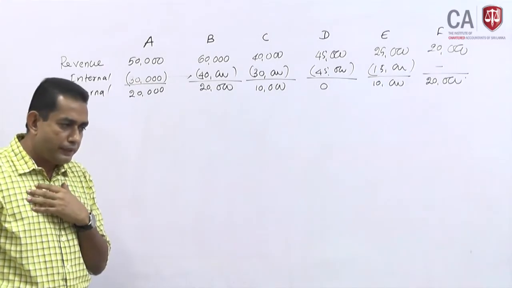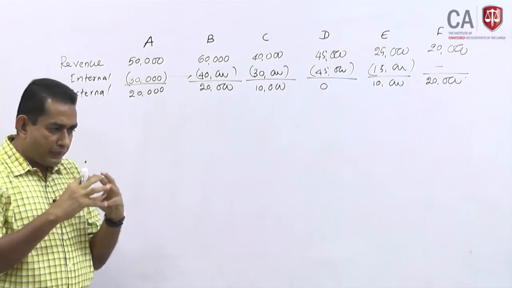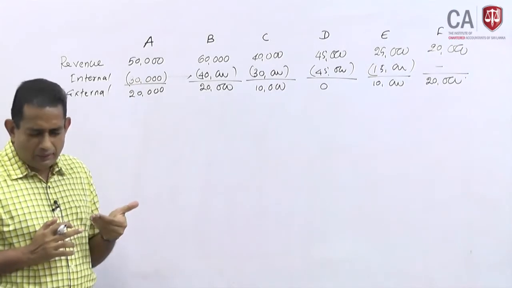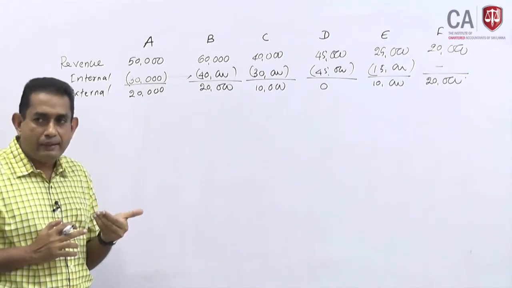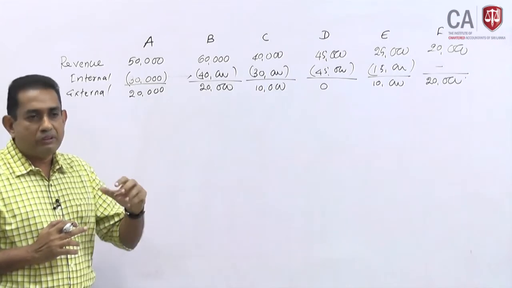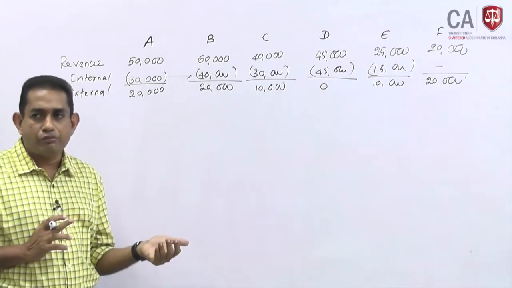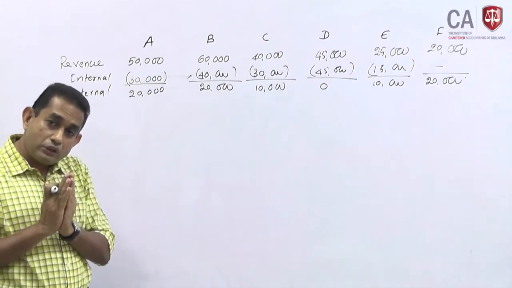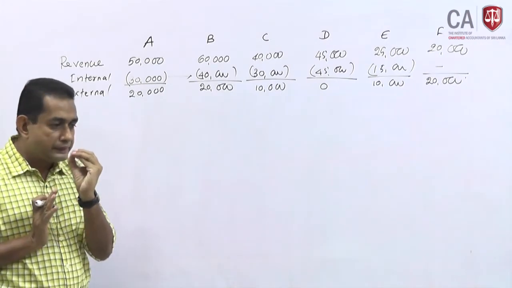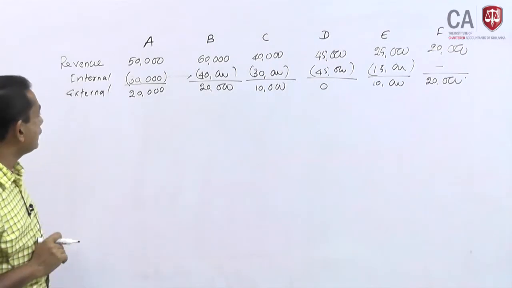It is like me selling the goods to myself. From the entity's viewpoint, one segment selling goods to another segment within the same entity is like the entity selling the goods to itself. So the total revenue figure of the entity has to include only the external revenue and cannot include any internal revenue.